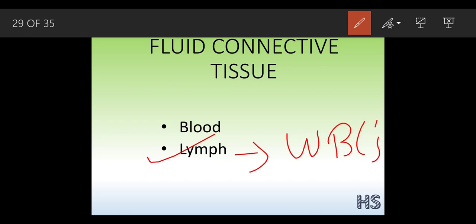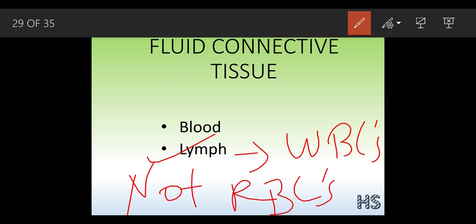It does not have RBCs. The function of this WBC is the defense mechanism. It helps to improve your immunity system. What do you mean by the word immunity? Immunity means protection against any diseases like bacteria, germs, viruses.